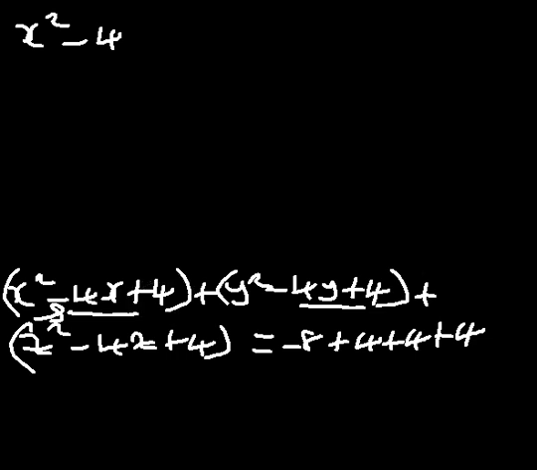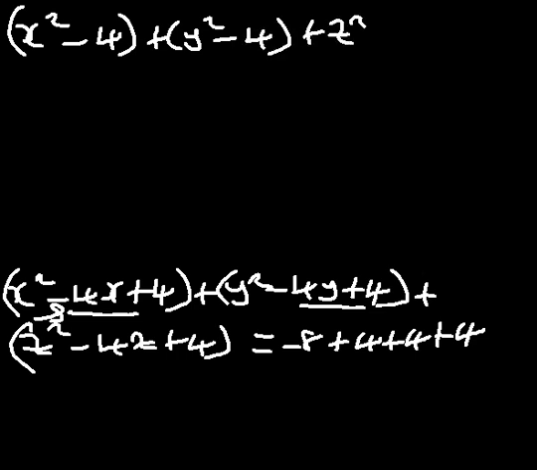So have it like that, plus y squared minus 4, and plus z squared minus 4, which is equal to a positive 4. So take note of that.